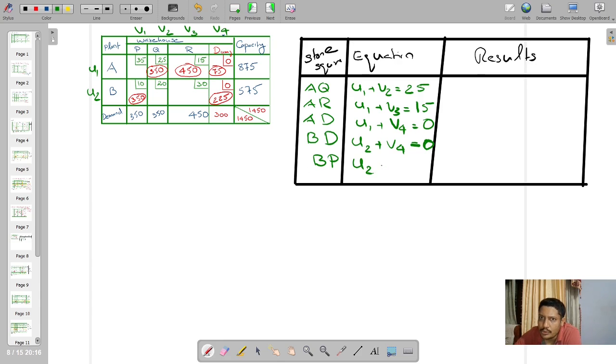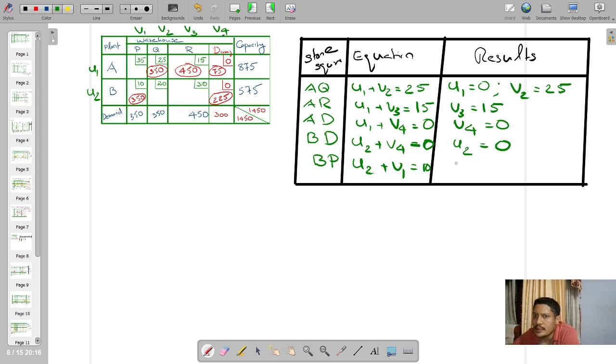And then U2 plus V1 equals 10. When you solve, we take the initial assumption U1 equals 0, so V2 equals 25. Since U1 is 0, V3 is 15, and V4 is 0. Since V4 is 0, U2 is also 0. Since U2 is 0, V1 equals 10.